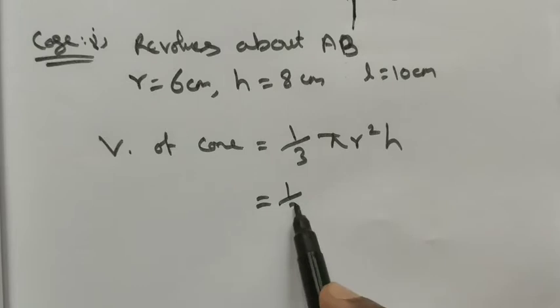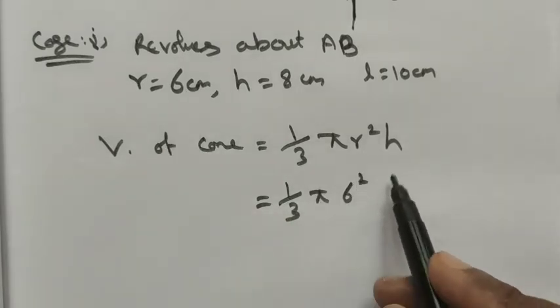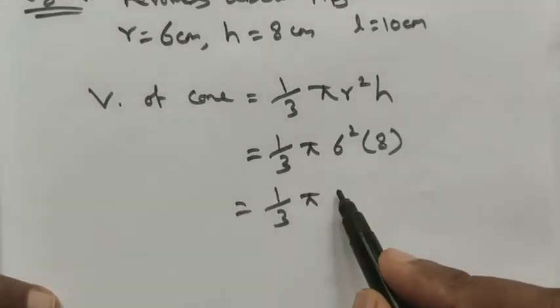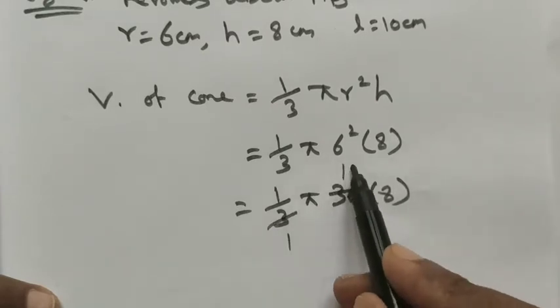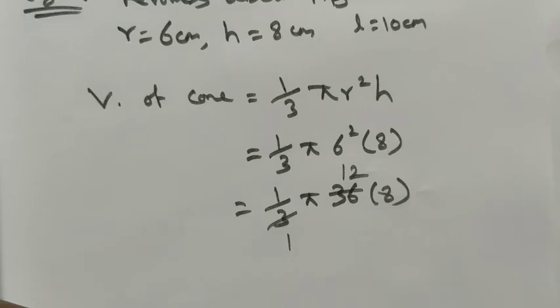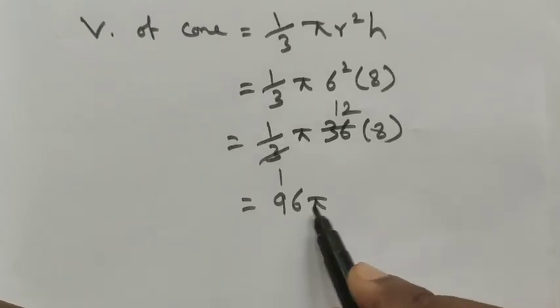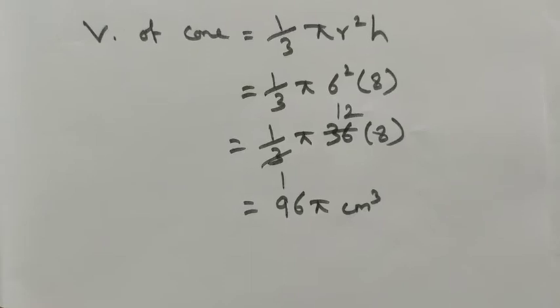So 1 by 3 pi, the radius 6 square, and the height 8. Then 36 into 8, 3 ones are 3, 12 eights are 96 pi. Let me take it as 96 pi centimeter cube in case 1.